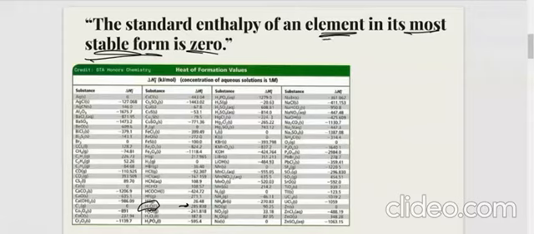We're talking about elements here, and H2O is a compound. Only elements in their standard state have a standard enthalpy of formation of 0, such as hydrogen gas and nitrogen gas and solid zinc.